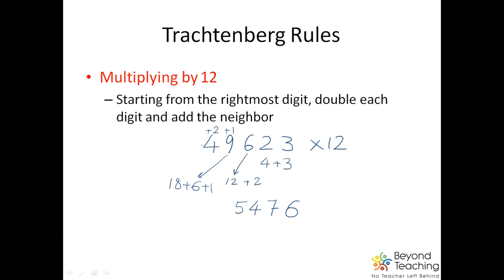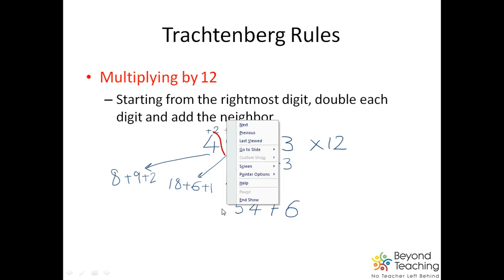Double 4 twice, that is 8, which would be added to 9. Neighboring digit 9 plus 2, the carry I got from the previous addition. Perfect. That is total is 19.